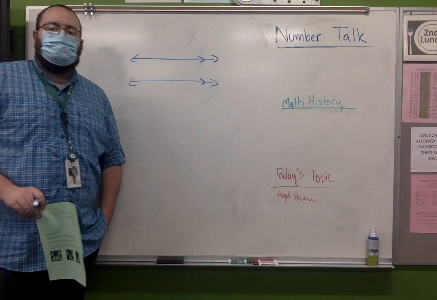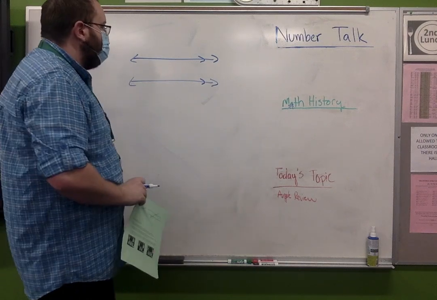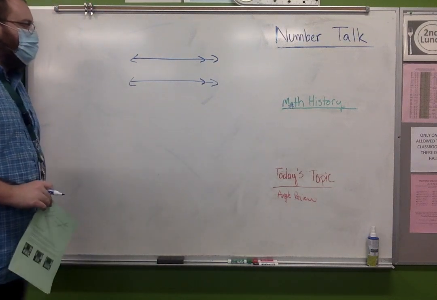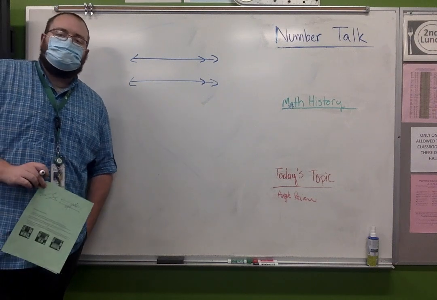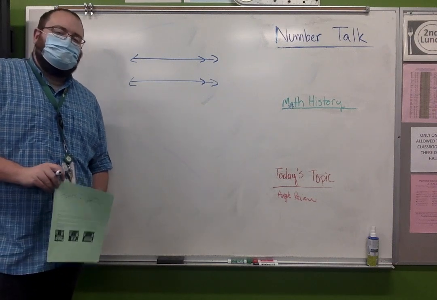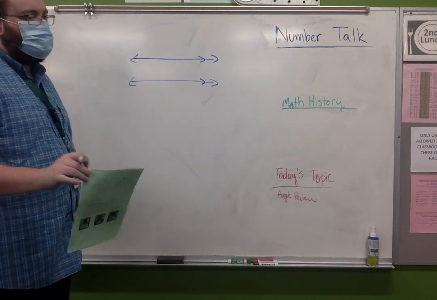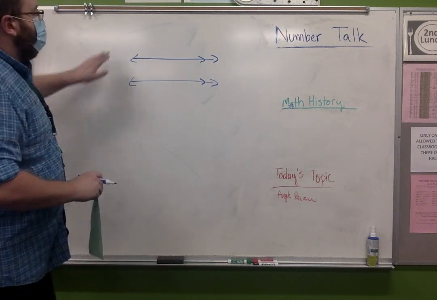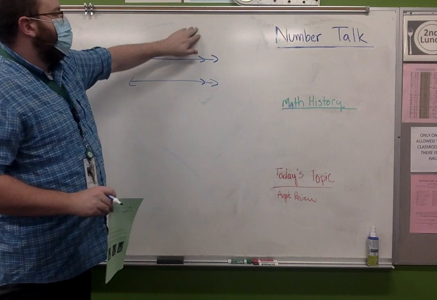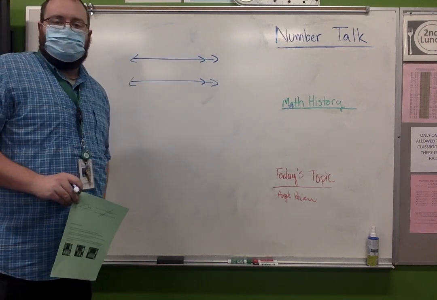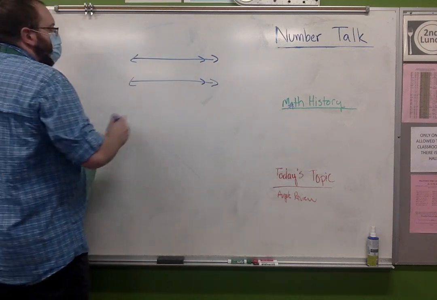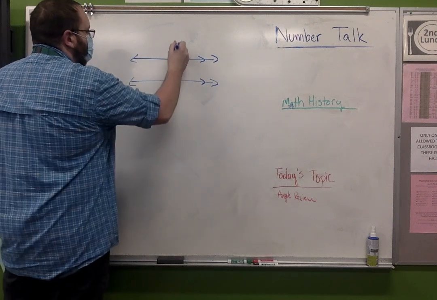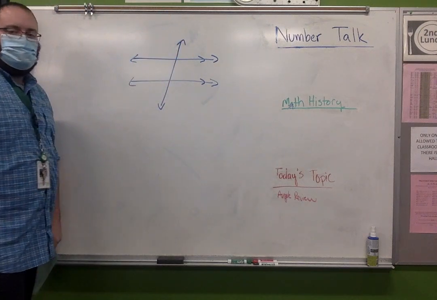That's true, but the formal definition that we use most of the time in Euclidean geometry is two lines that are equidistant apart, meaning they're the same distance apart. There's a bunch of definitions, but that's the one that tends to get used the most. But because of that, they don't intersect. And then we have something here called a transversal. So a line that goes through the parallel lines.